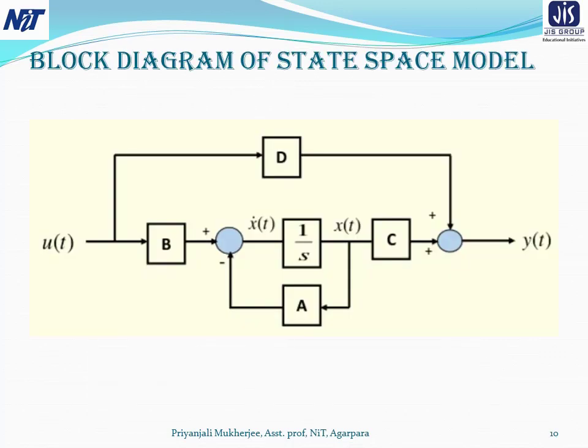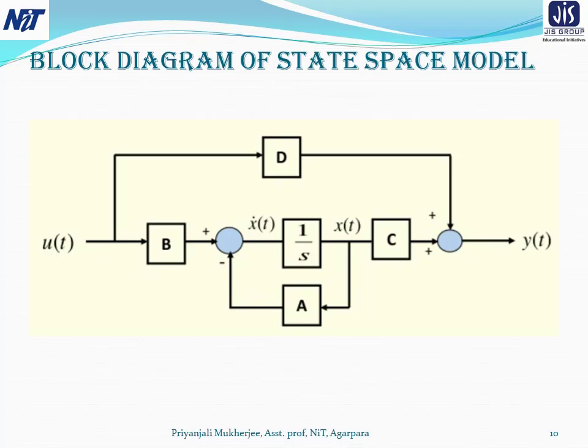Next is the block diagram of the state space model. The dynamics of the control system may be described by first order differential equations, and the differential equations can be diagrammatically represented using integrators, summers, and constant multipliers in the form of a block diagram.